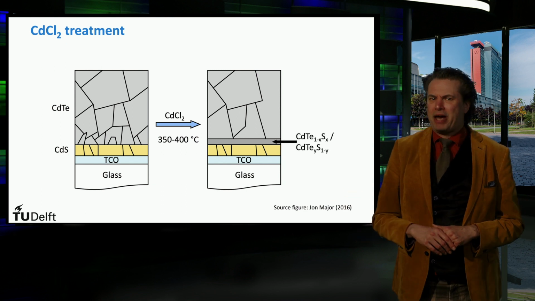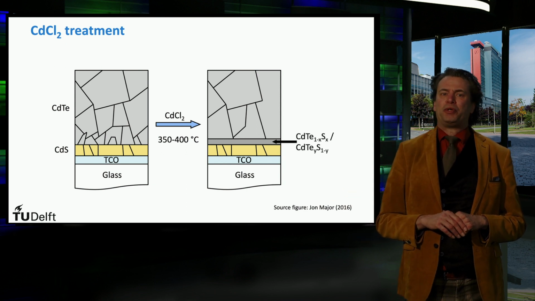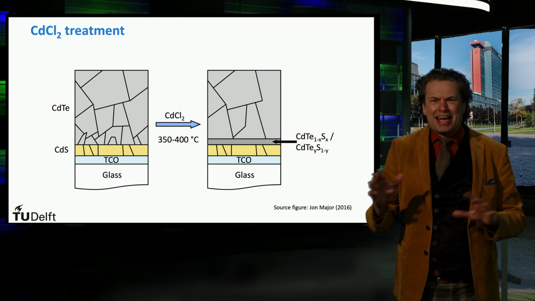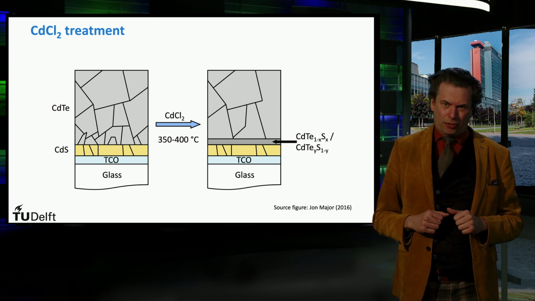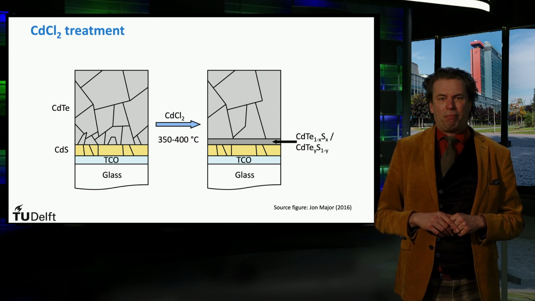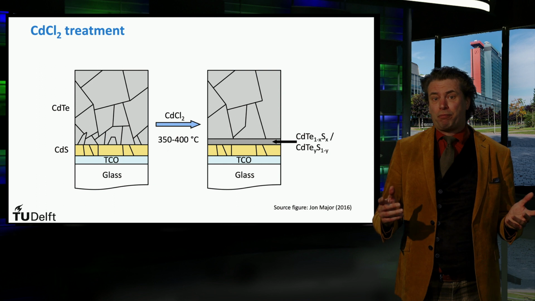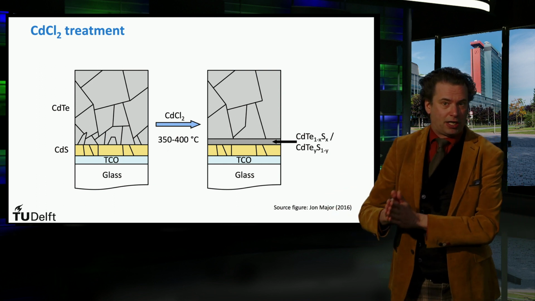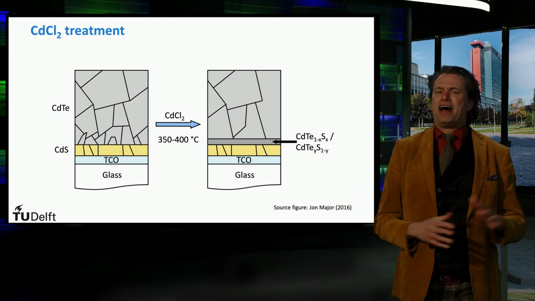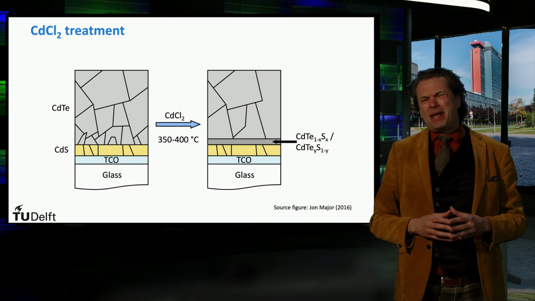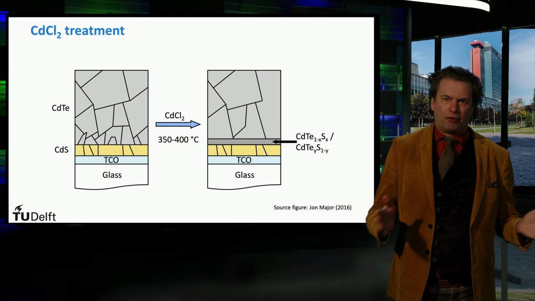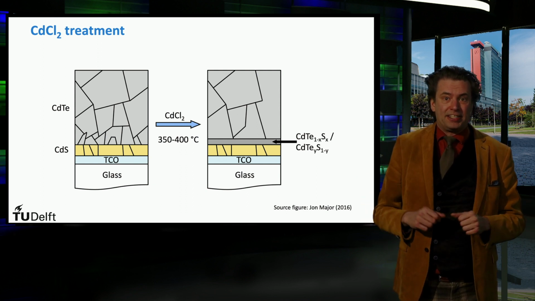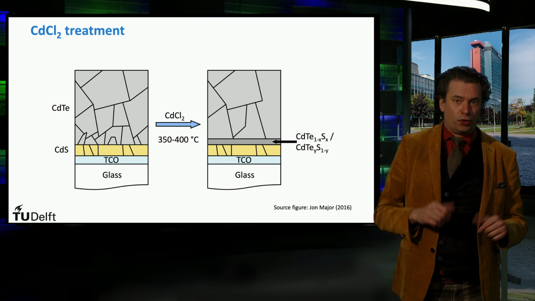Another well-accepted mechanism is that the interface between the cadmium telluride and cadmium sulfide buffer layer will mix and form cadmium tellurium sulfide compounds. These layers will provide a better lattice match going from the cadmium sulfide to the cadmium telluride. Finally, it's observed that the p-type doping of cadmium telluride is increased, presumably by cadmium vacancies and chlorine atoms on tellurium sites.